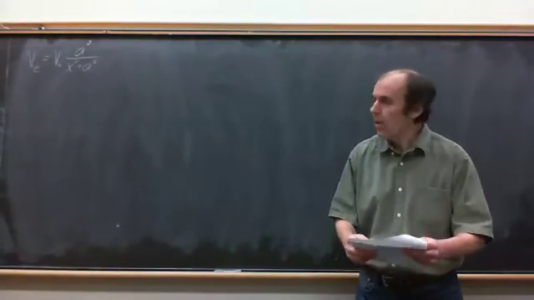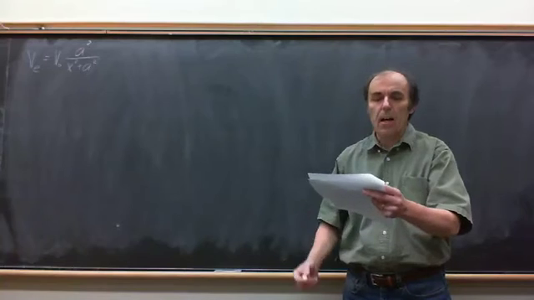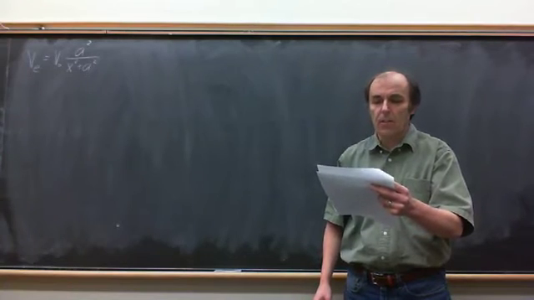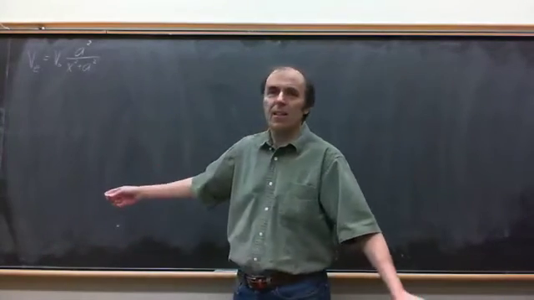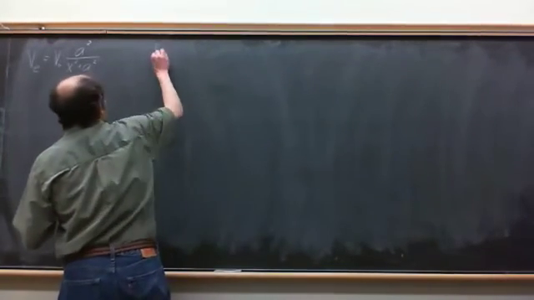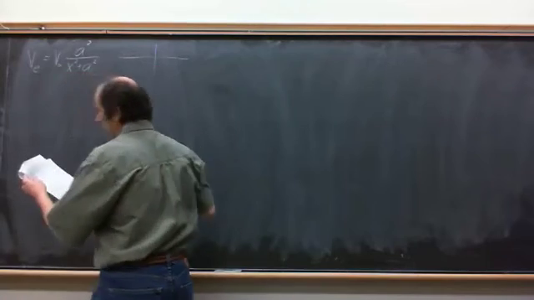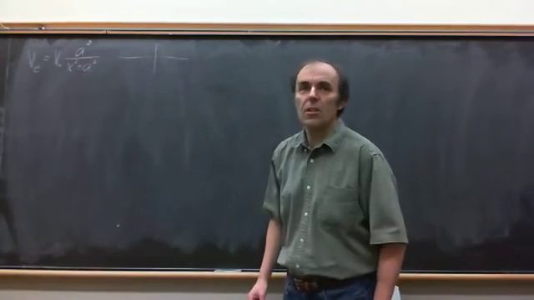Now, first of all, you're asked to simply plot the potential versus X for a negative value of V0. This is almost a middle school type of thing. You just plot what this function looks like.